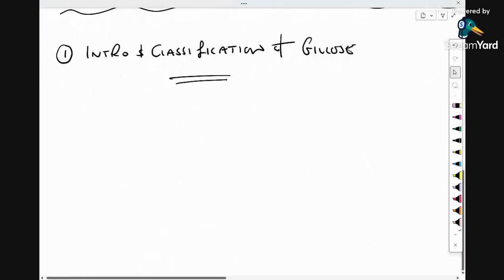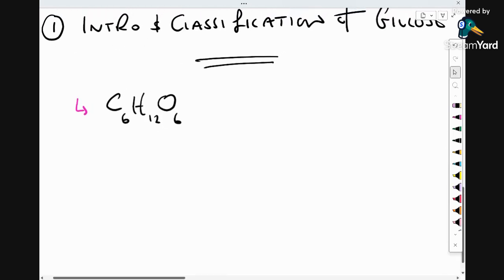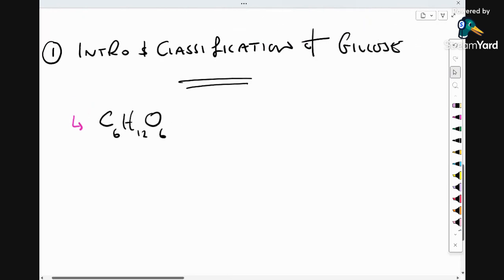So the first thing to do is a little bit of introduction on glucose. Hopefully you're aware that this has the formula C6H12O6. There are 6 carbons, 12 hydrogens, and 6 oxygens.